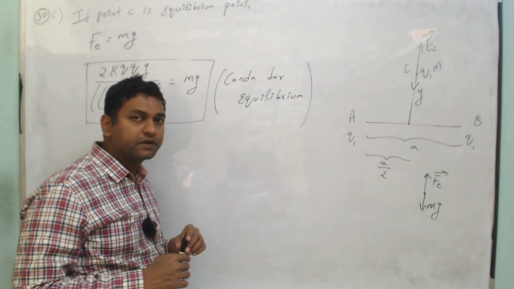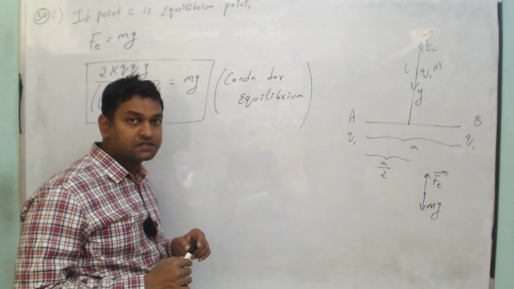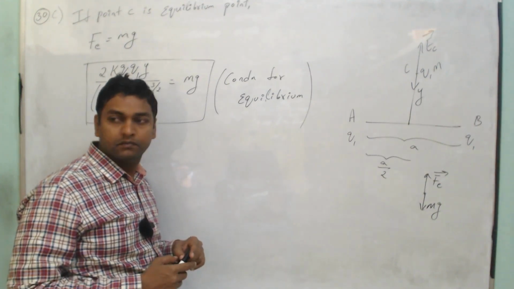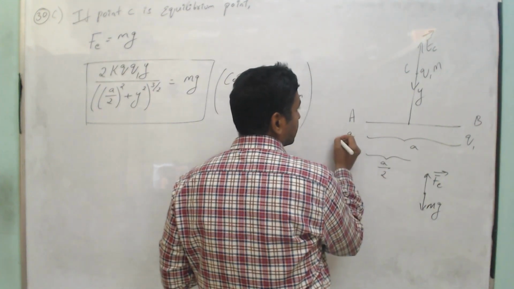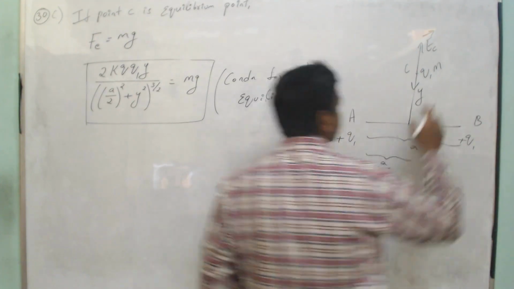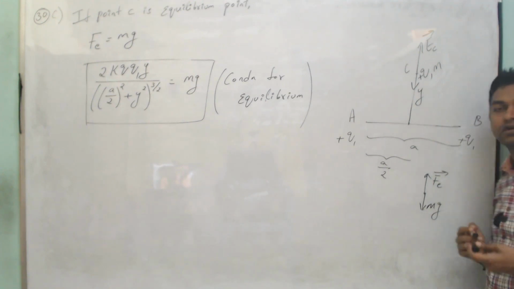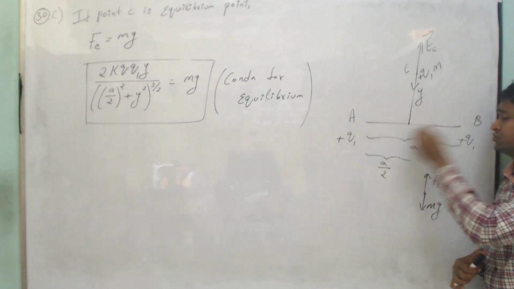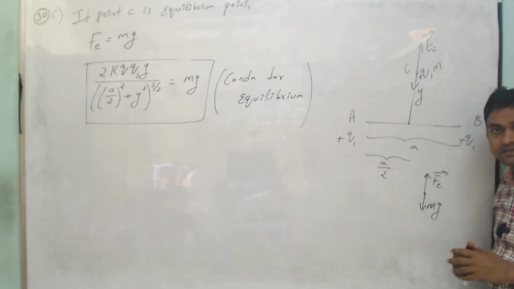If you remember, for equilibrium positions, we discussed something called stable equilibrium or unstable equilibrium. So simply, there is a point charge Q1, and here I have a point charge plus Q. These two charges Q1 and Q1 placed at A and B are fixed charges.